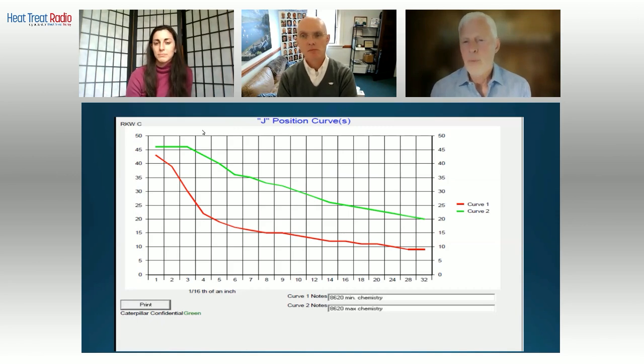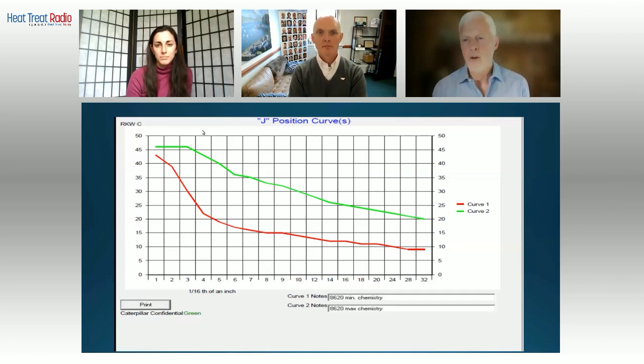And the next thing would be, again, in high valued components, gears, shafts, power transmission, whatever it's going to be, those kinds of things, typically heat lot control is mandated by the end user. So if you have heat lot control, then you need the data that goes with that.